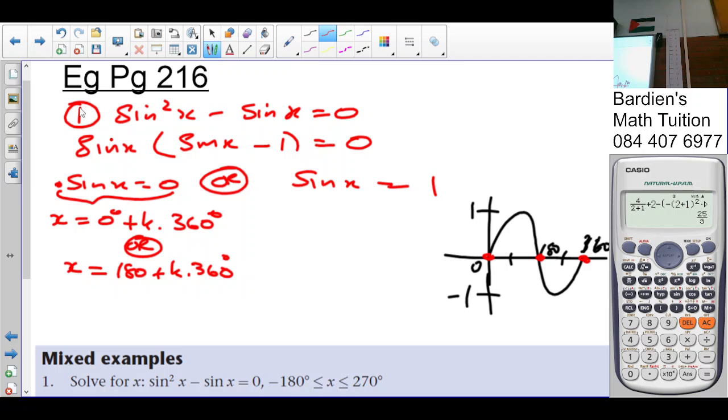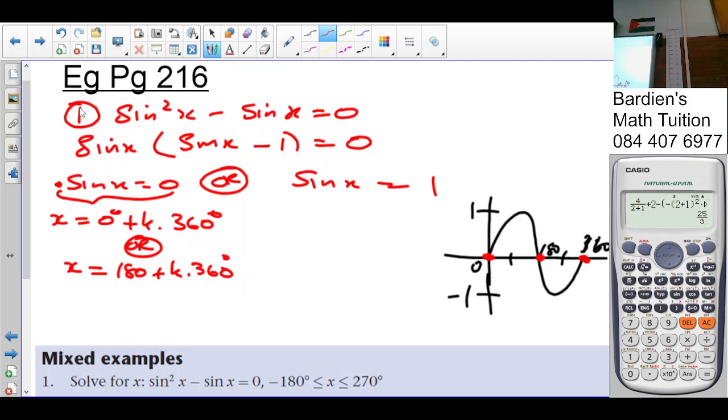Okay, this ties into general solution. That was done on 6.8, 9 and 10. But what we also notice, people, is that this solution happens every how many? 180 degrees.